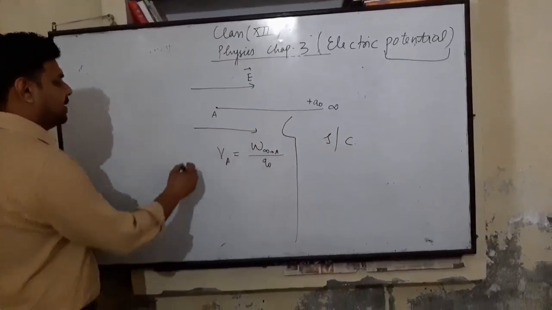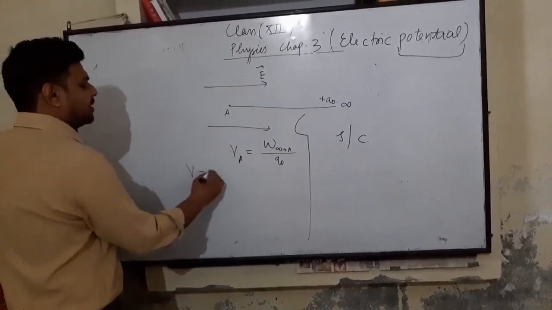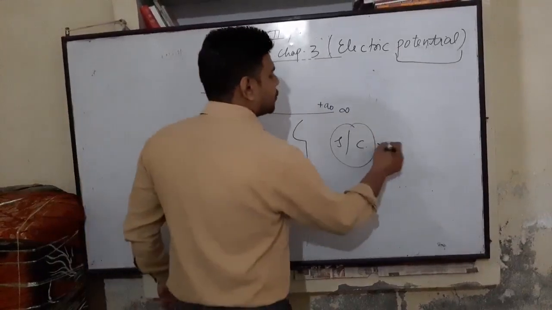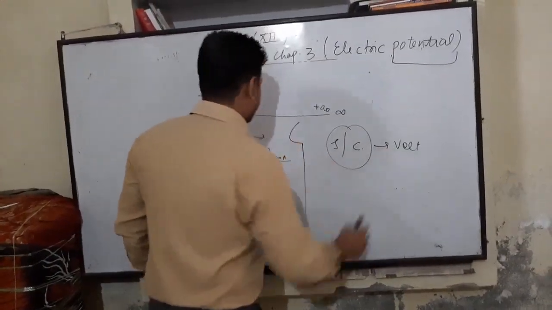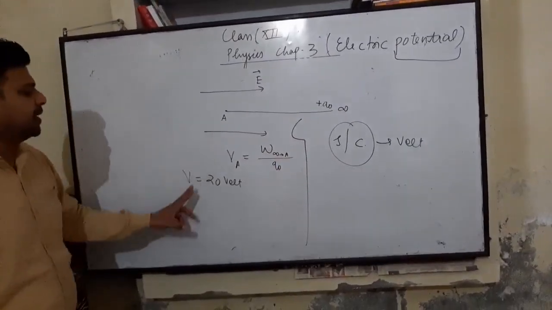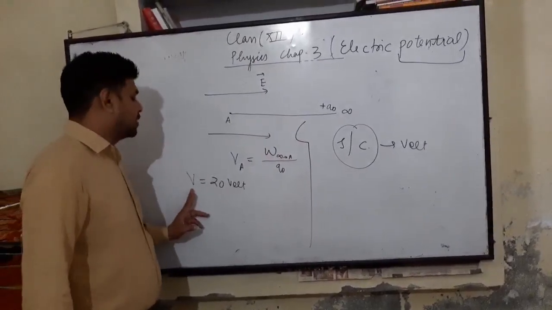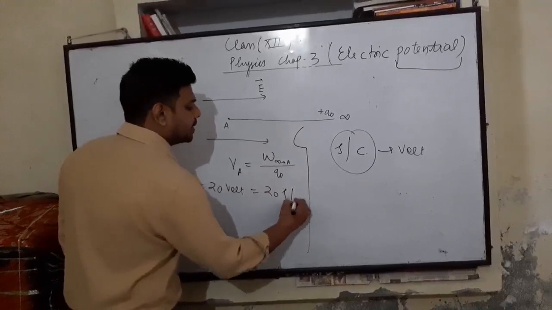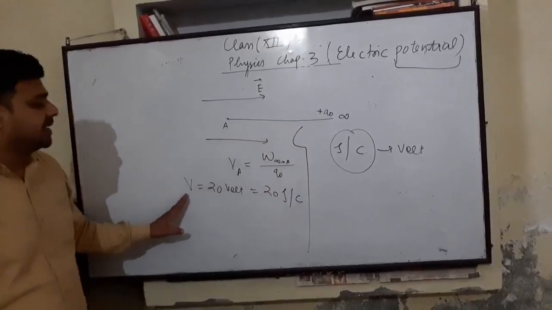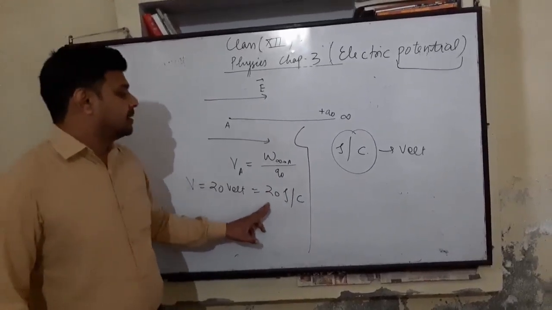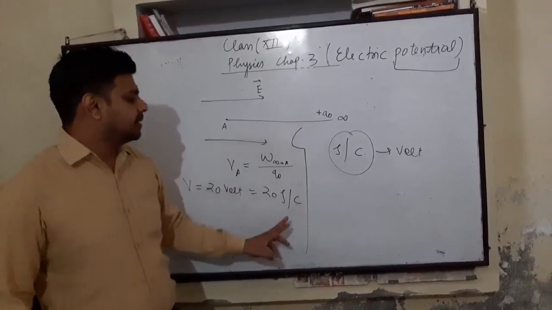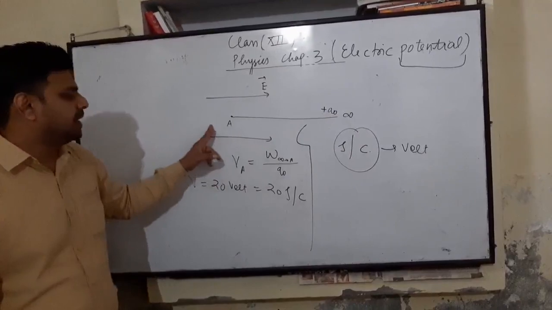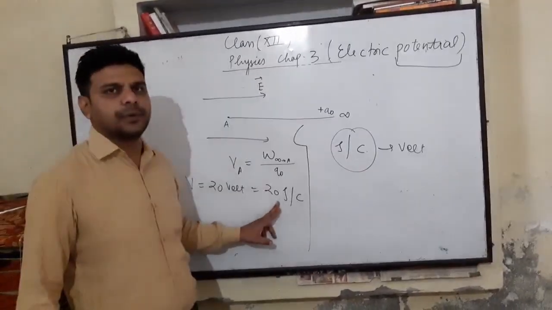If we say that the potential at this point is 20 volt, or 20 joule per coulomb, we mean that the work done in bringing 1 coulomb charge from infinity to this point is 20 joule.